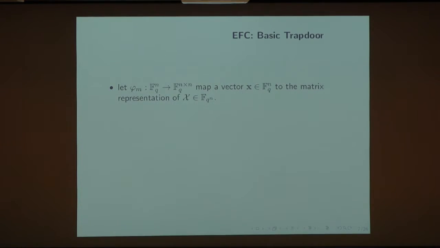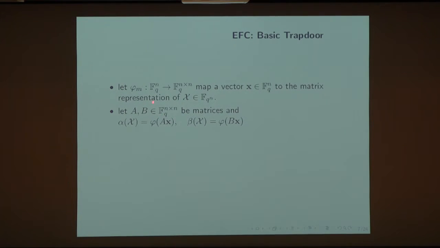So what does the trapdoor look like? Of course, we're going to need the embedding function, and as I'm going to present this in two ways, in one way over the extension field and in the other way over the base field, we may want to use the matrix version of this embedding. So a vector of base field elements can be a single extension field element, and we can also think of this extension field element as a matrix of base field elements.